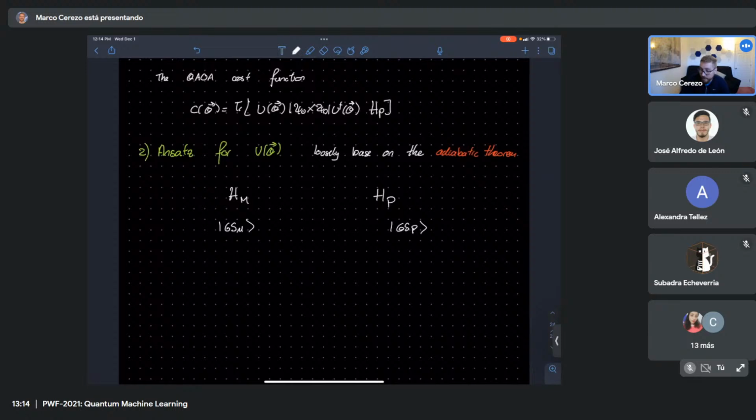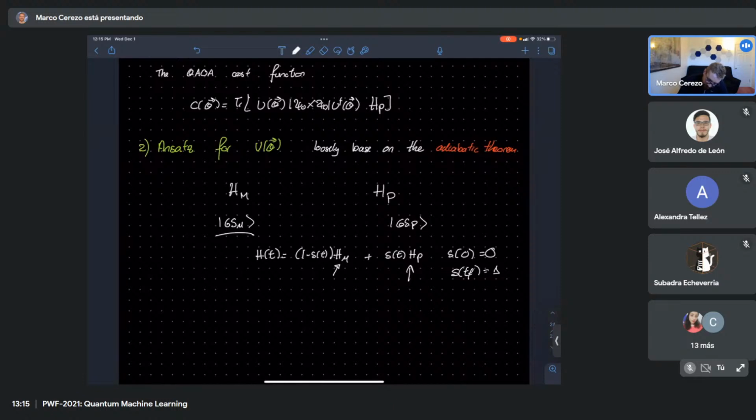So the Adiabatic Theorem tells me that if I take this state and I make it slowly evolve with a unitary evolution generated with a Hamiltonian that looks like this, that interpolates between my initial Hamiltonian and the Hamiltonian that I'm trying to get to, where S of 0 equals 0, so that initially I'm sitting in this Hamiltonian, but at, let's say, final time, S is equal to 1, so that I'm sitting here.